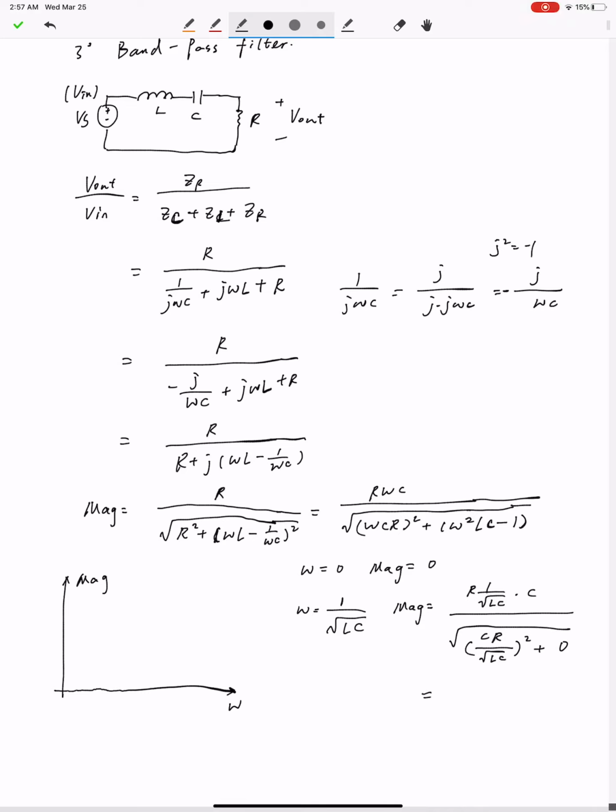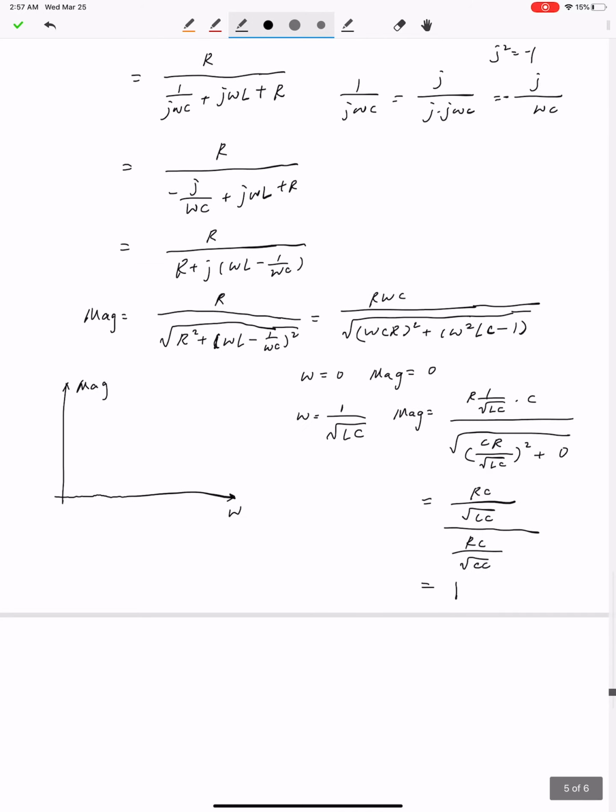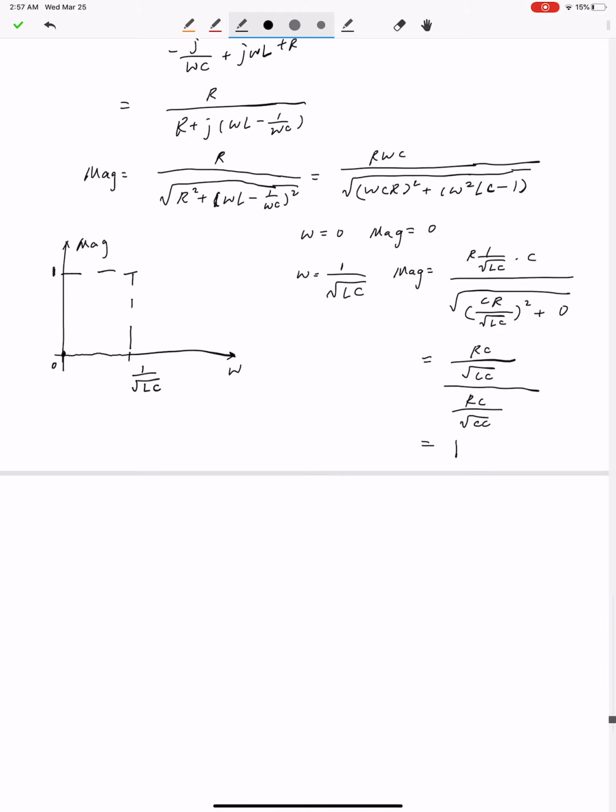And that is RC over square root of LC divided by RC over square root of LC, and that is just 1, which means this plot starts with 0, and when omega equals 1 over square root of LC, the magnitude is 1. And what happens if omega equals positive infinity?